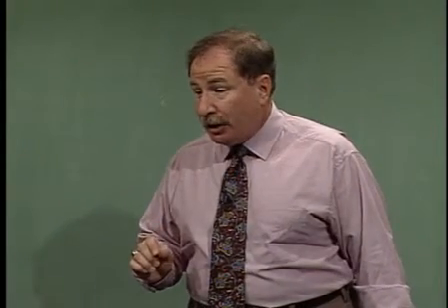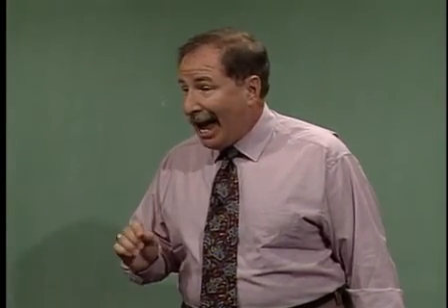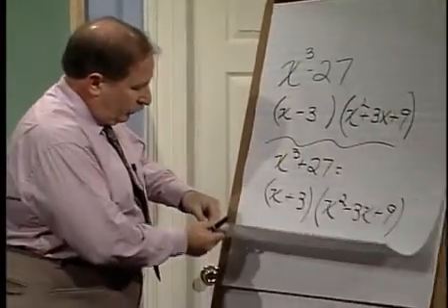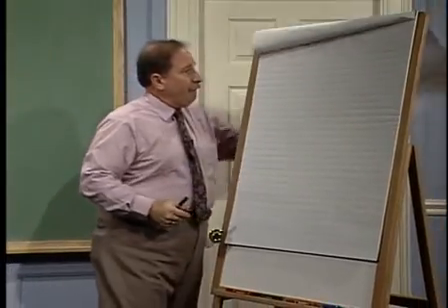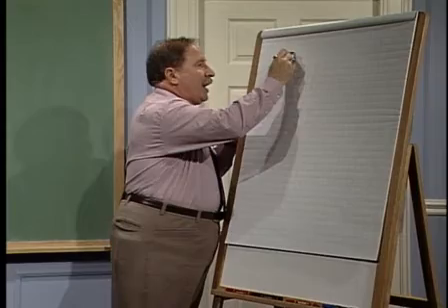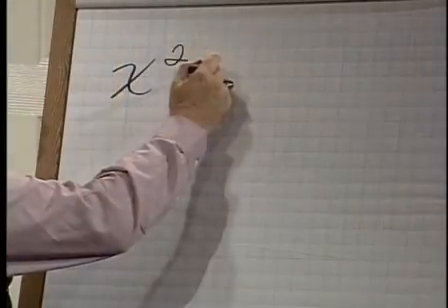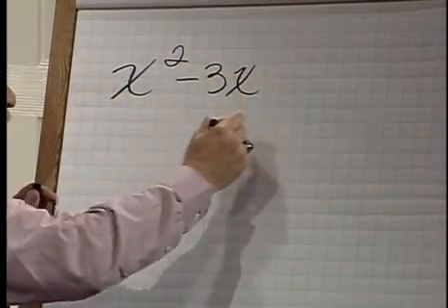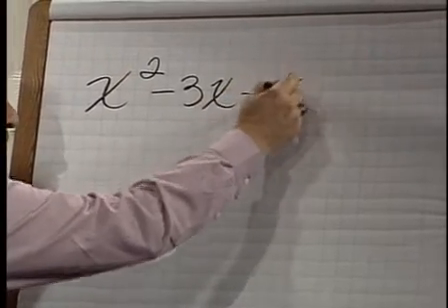And obviously, if I am looking at a quadratic trinomial, let's go to the board here. A quadratic trinomial of the form, let's say, x squared minus 3x minus 40.